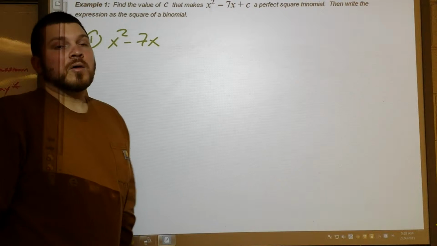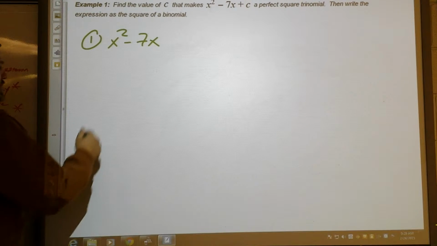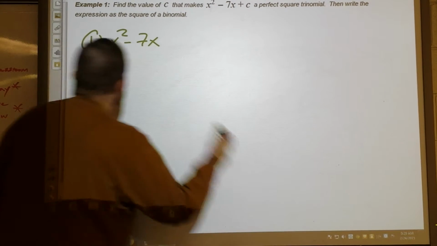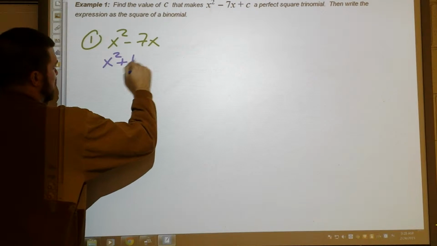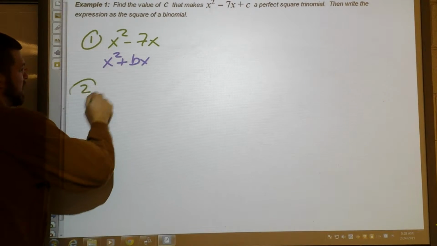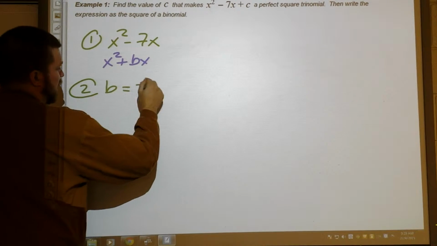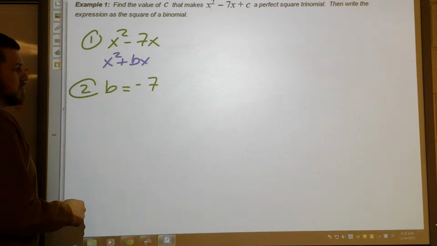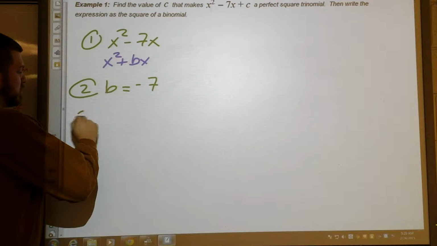Okay? Now, based on this, I'm using the pattern. The pattern, it was x squared plus bx. So for this particular problem, my b is equal to negative 7. Alright, now what I want to do is take b and divide it by 2.